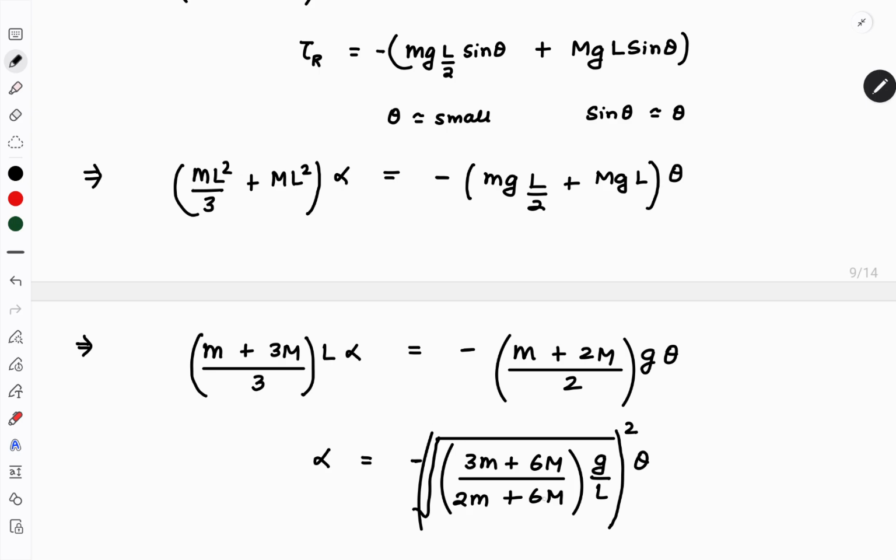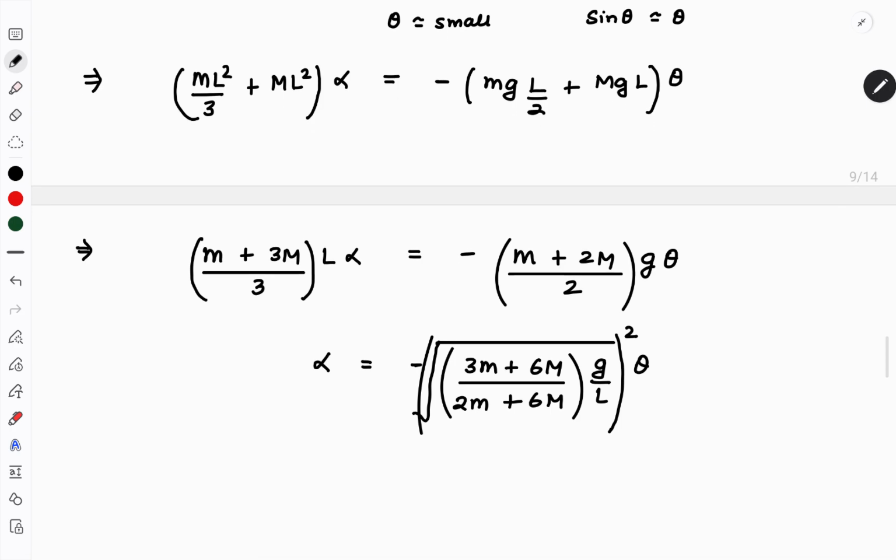And over here, if we take 2 common, then we can write alpha equal to minus omega square theta, and then T equal to 2 pi by omega, where this is the entire value of omega which we have. So if we write it together, if we take 3 common from here, we will be left with m plus 2 capital M.